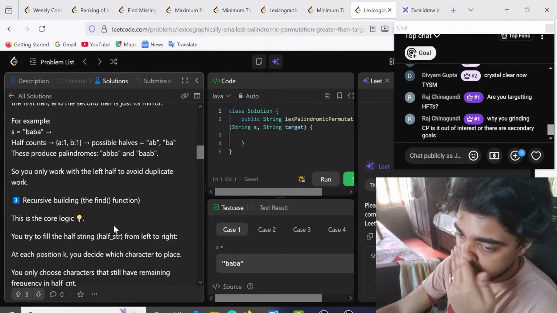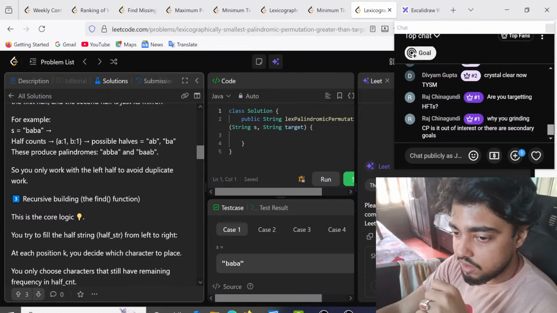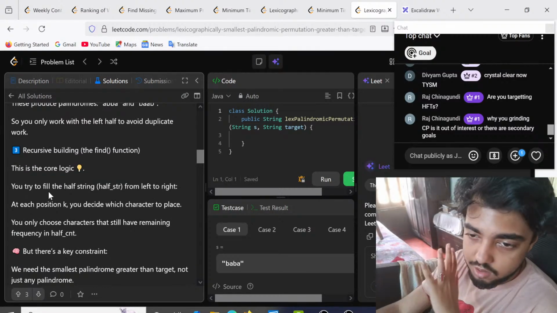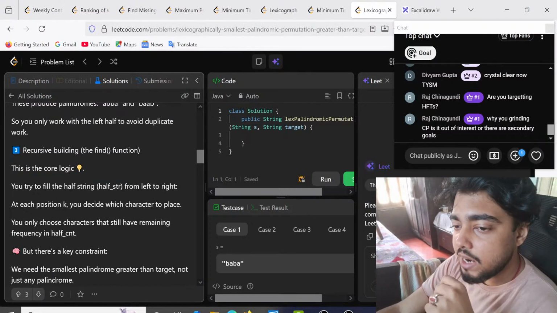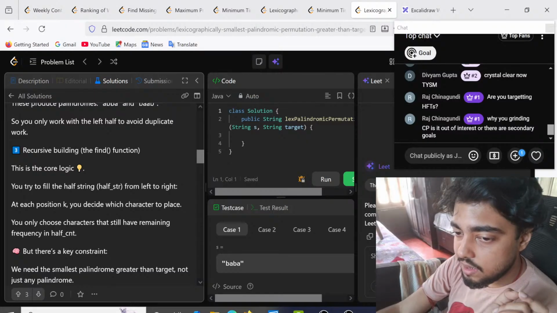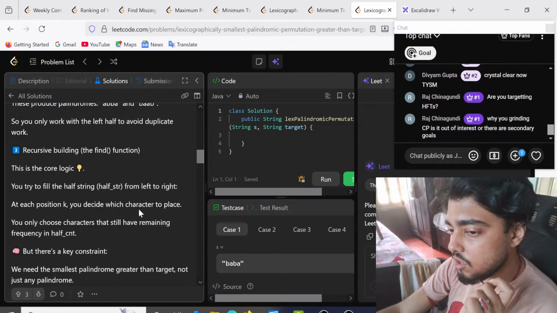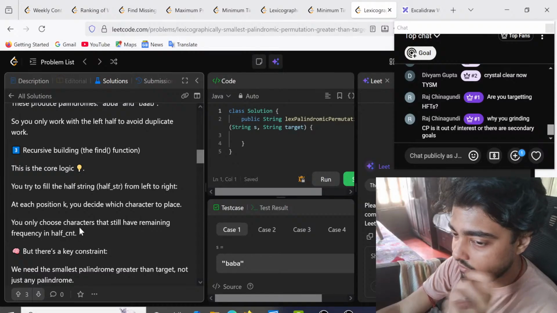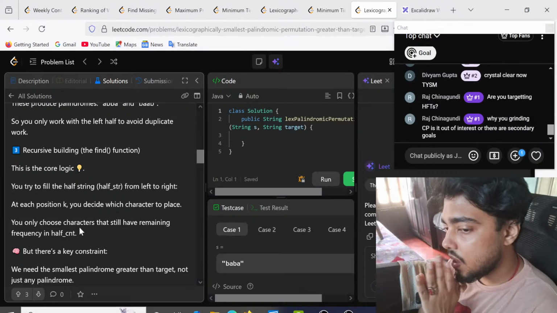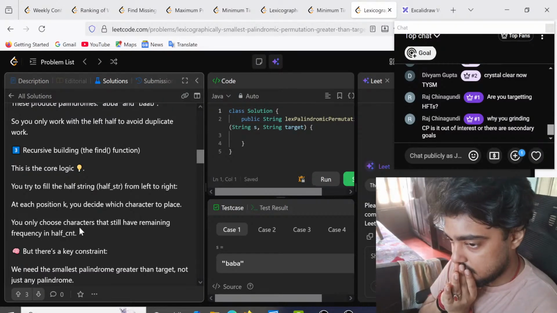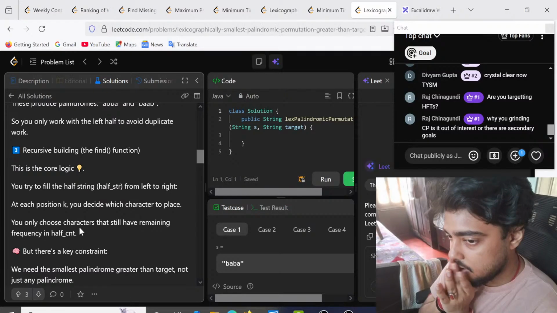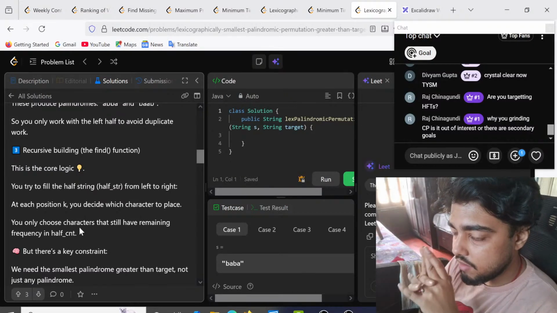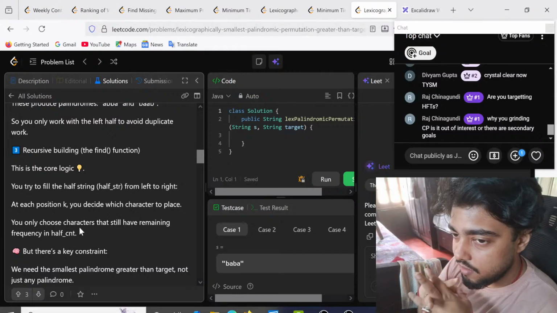Recursive building, the find function. This is the core logic. You try to fill the half string from left to right. At each position k, you decide which character to place. You only choose characters that still have remaining frequency in half count. Why would you do that?